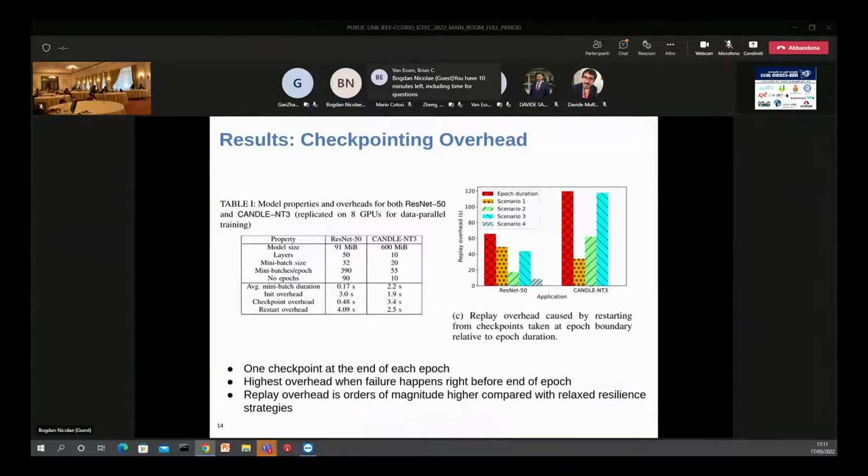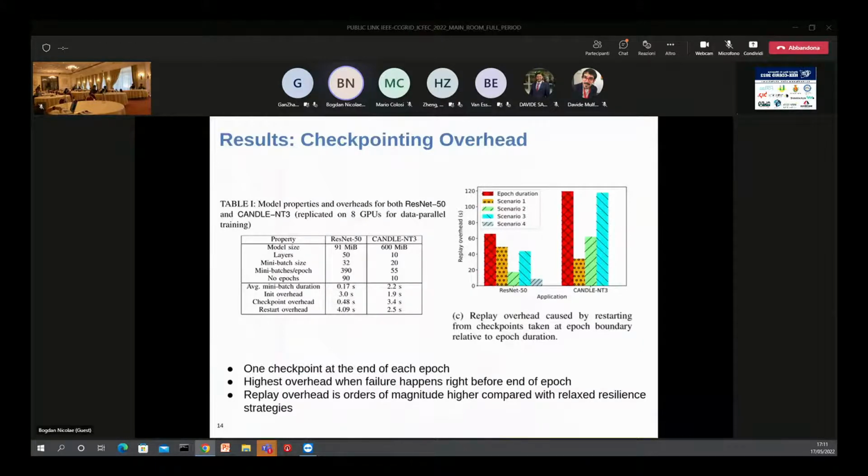At the same time, even if we manage to reduce these checkpoint and restart overheads to basically 0, if we checkpoint, say, at the end of every epoch, then for the considered scenarios we will have a significant replay overhead to catch up from the moment when we restarted up to the moment when the failure happened.